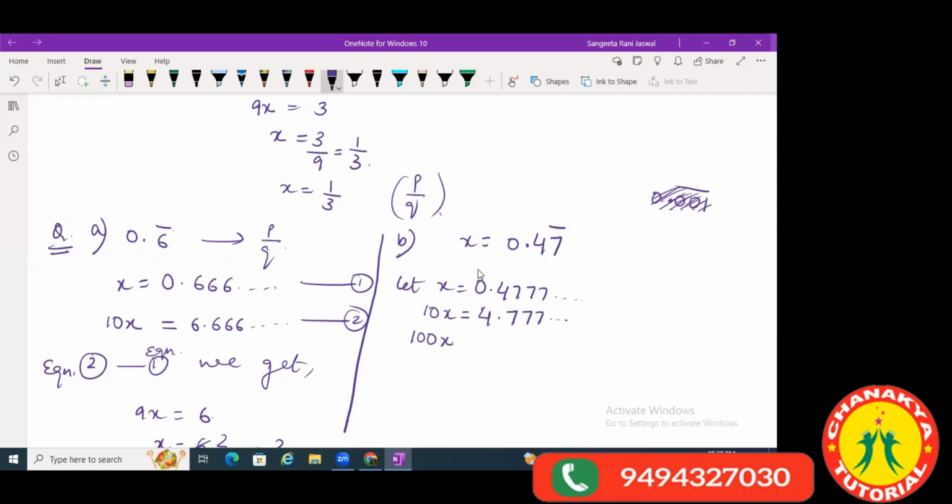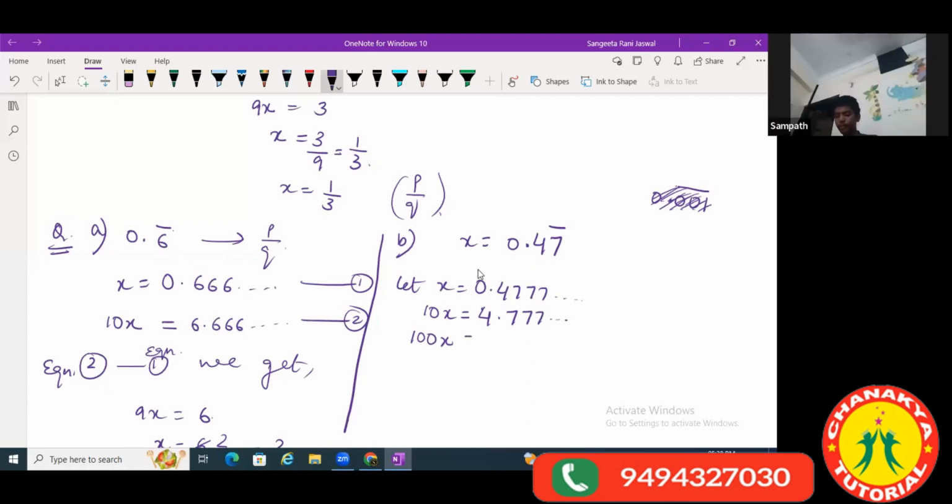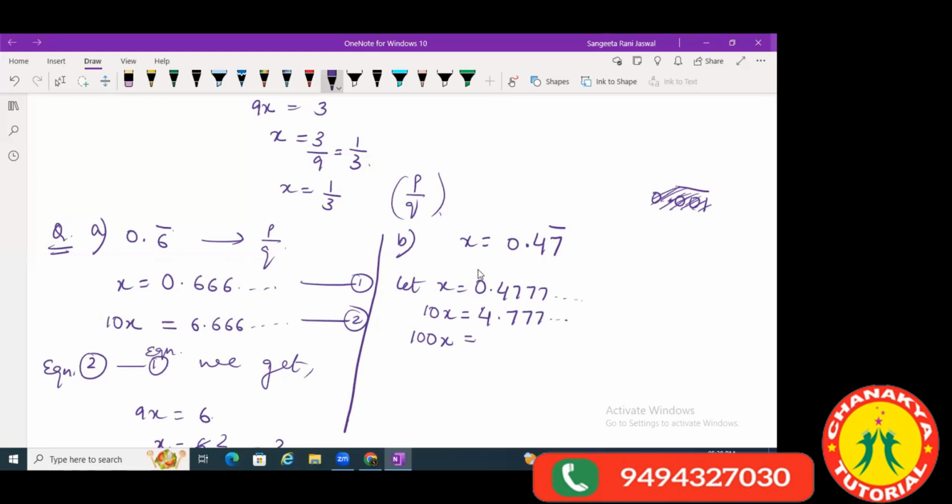So this becomes 100x. Are you understanding? Yes, ma'am. So when this becomes 100x, again I multiplied with 10. So that means my decimal point will be shifted one more place towards the right. So I get 47.777 like this. Now in this equation also I have the same digits after the decimal places. Okay, I name this as equation number 1, this as equation number 2. Okay, why did I do this?